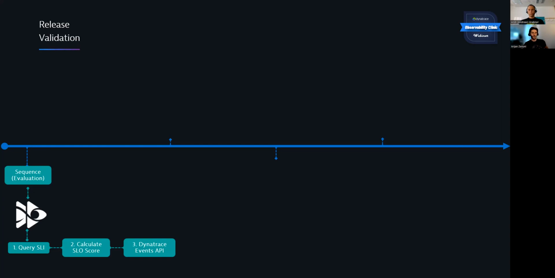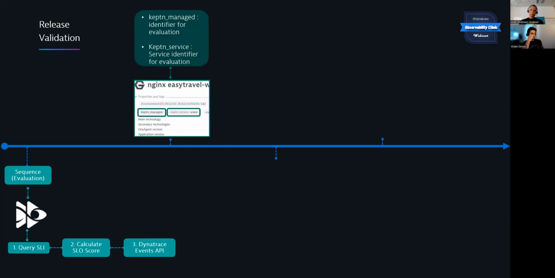It will finally calculate a single score that represents the overall SLO of all these SLIs, and then send Dynatrace the events of the evaluation. These events will query based on these set tags, or whatever tags we define in something called the dynatrace.conf file.